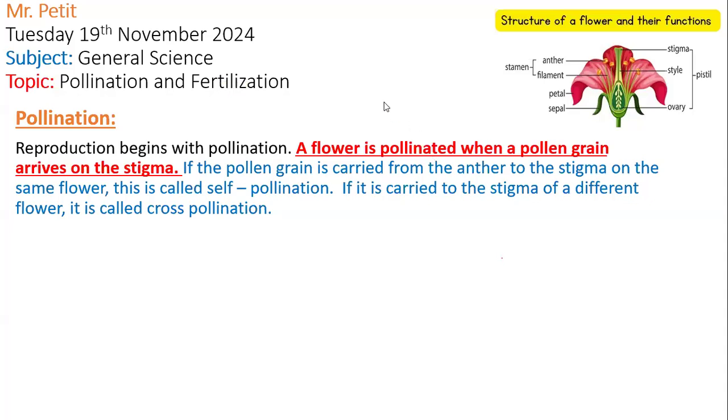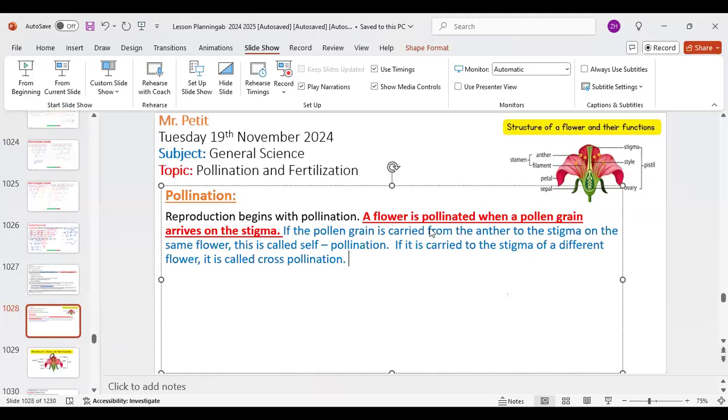Cross-pollination is when the pollen is carried from a different plant to the stigma of another plant, and self-pollination is when it's from the same plant to the same plant.